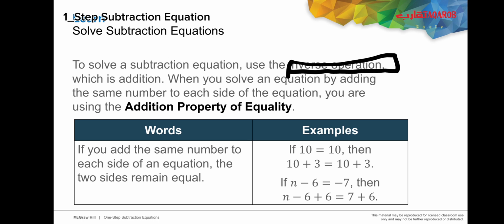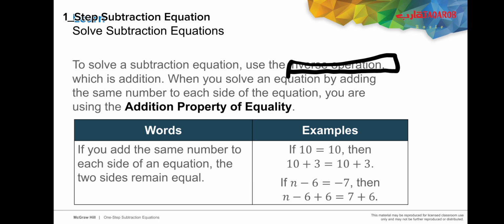From the table, we can see that if 10 is equal to 10, then whatever you add to 10, you should add to the other side. Since they are equal in the first place, if you add any number to one side, you should add the same number to the other side. This is what I call the addition property of equality.